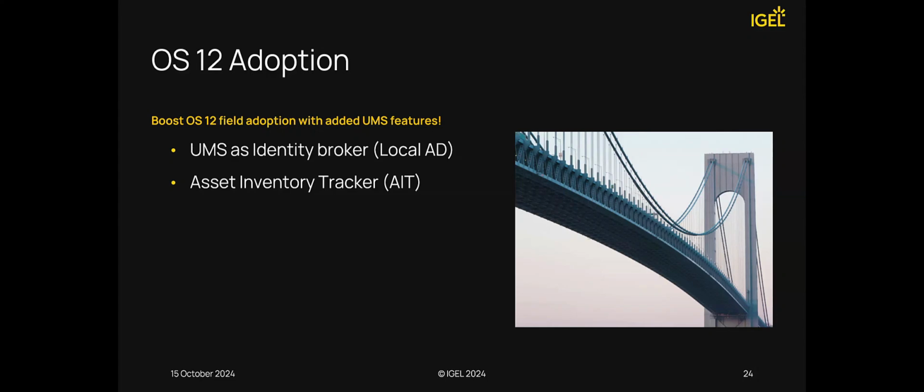This is now implemented for OS 12. And we also have the asset inventory tracker. With this feature, it's possible to see all peripherals of one device in the UMS, so you can see which peripherals are connected to which devices. That could bring a lot of value, for example, in the help desk scenario.